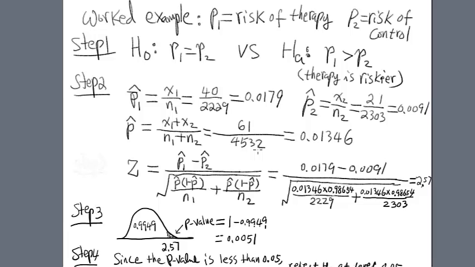So the left area 0.9949 is from the normal table. Okay, keep in mind the normal table gives you the left tail area only.